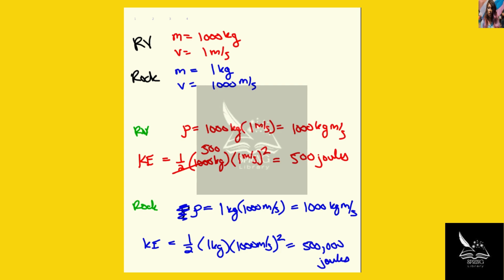So you can see right here in this real world example that two objects, an RV and a rock, can totally have the exact same momentum, but completely different levels of kinetic energy. And we're talking about a factor of 1,000. So this very clearly demonstrates that no, kinetic energy does not have to be equal between two objects that share the same momentum.